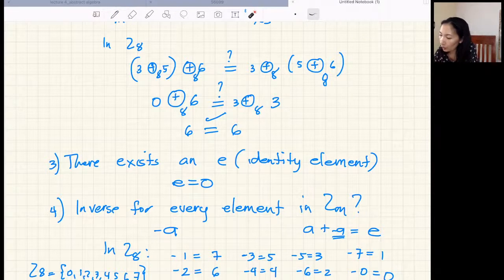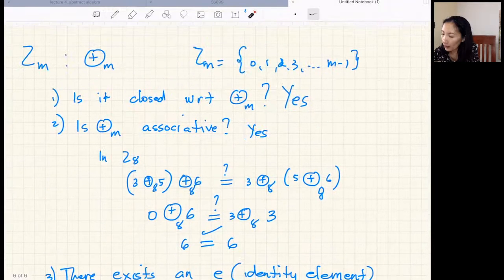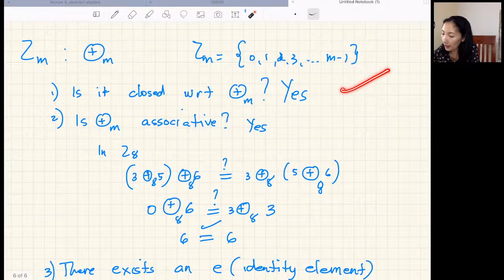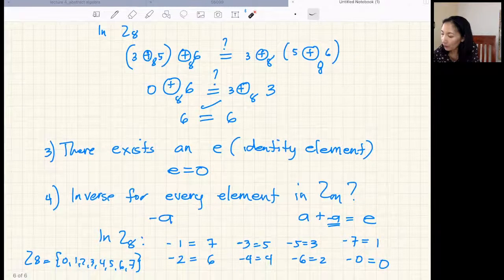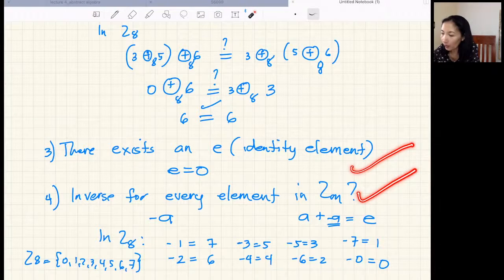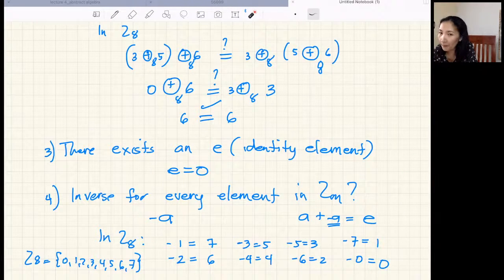With respect to addition. Therefore, closure property, check. Associative property, check. Existence of an identity element, check. Existence of inverses for every element, check. What can you say about Z sub m? Z sub m is a group under the operation addition. I hope that is clear now.